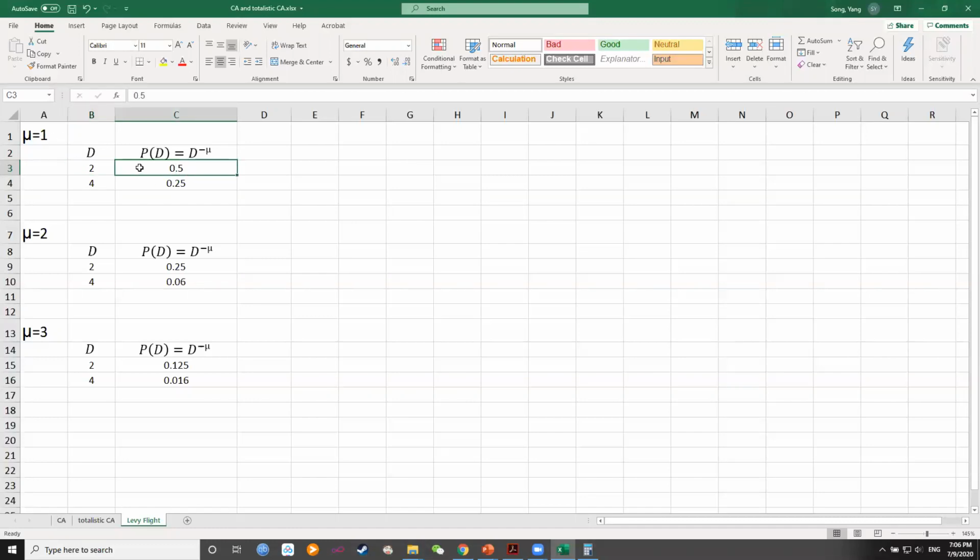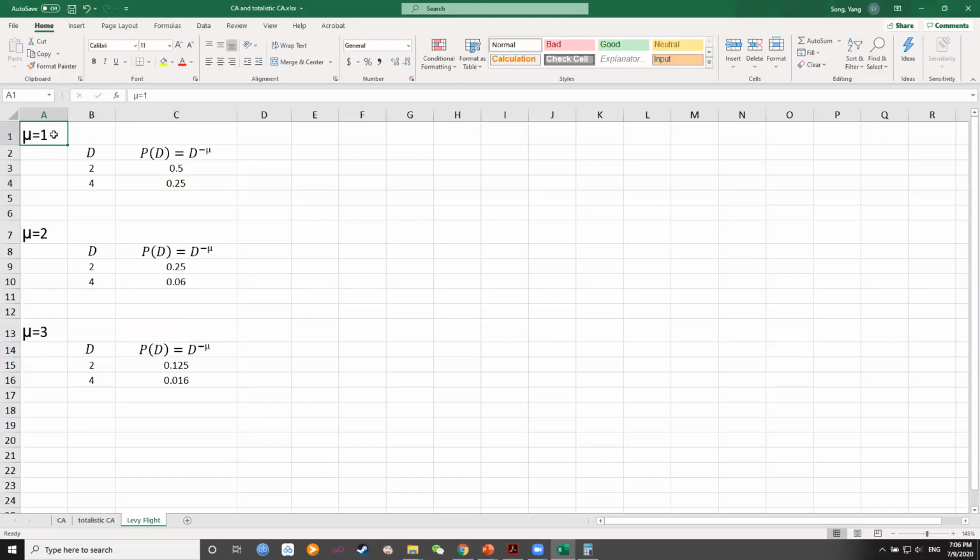So the probability of having a step with a step length of 2 is 0.5, when mu is equal to 1. So if we change d from 2 to 4, which is a longer step length, the probability is 0.25. It's lower. It makes sense, right? So the longer the distance, the less likely it will be chosen. Okay, the idea is this.